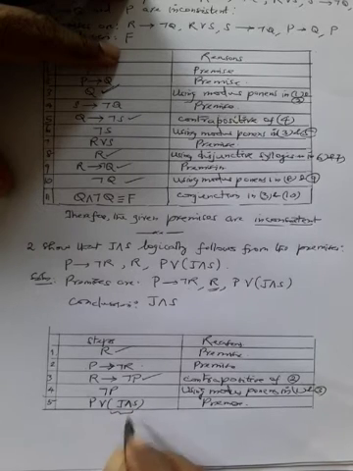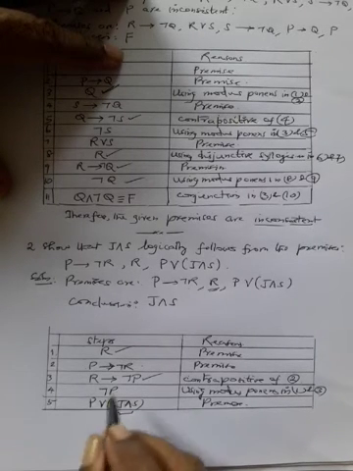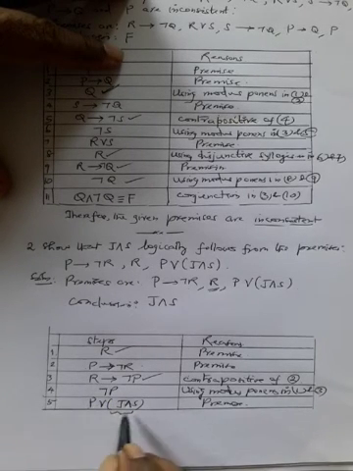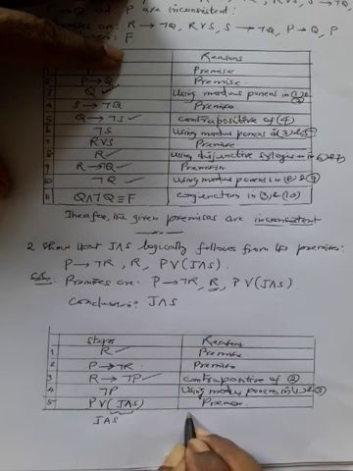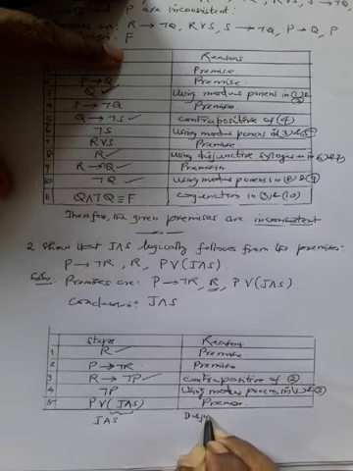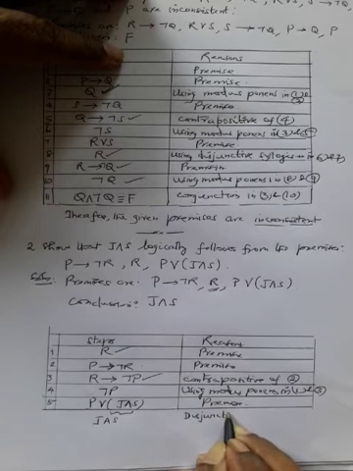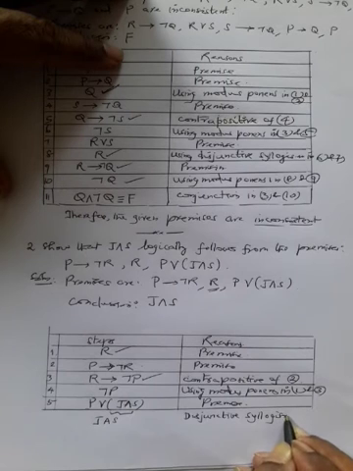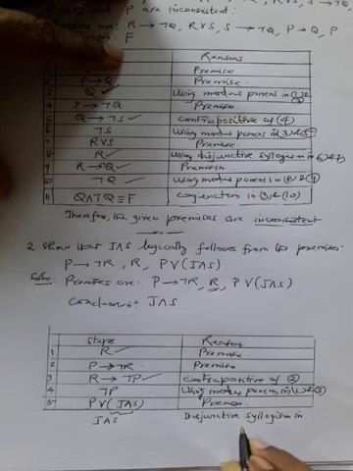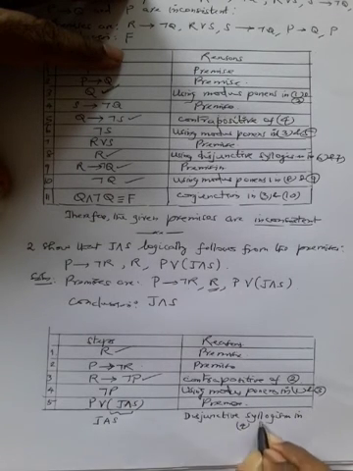You treat this as a single proposition. So either P or this one. P is not there, so definitely you will get J and S. This is what is called disjunctive syllogism in 4 and 5.